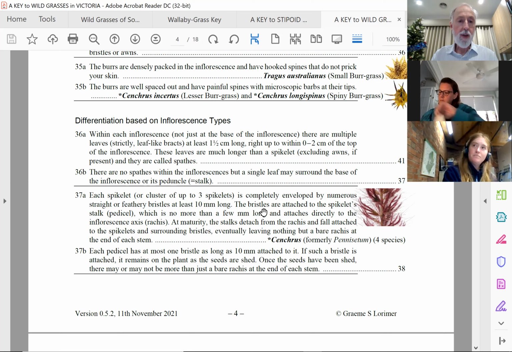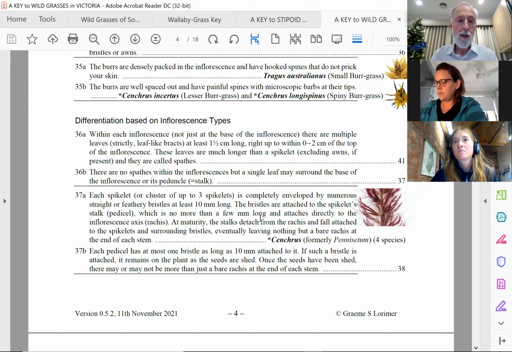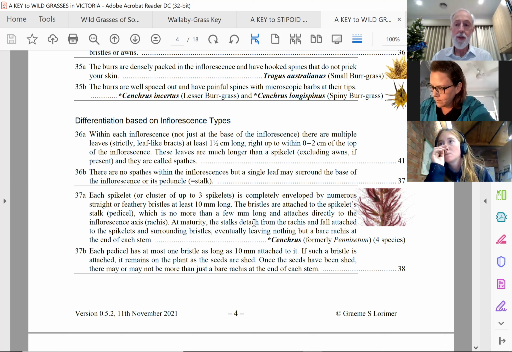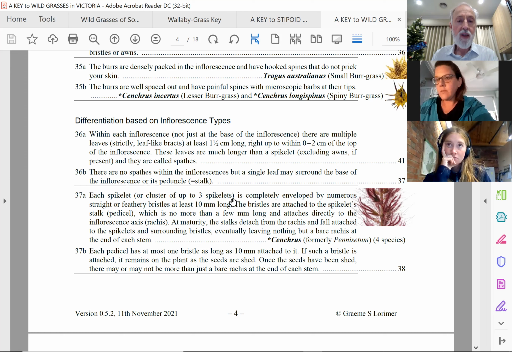37A says each spikelet or cluster of up to 3 spikelets is completely enveloped by numerous straight or feathery bristles at least 10 millimetres long. Now, in my inflorescence, I can see awns. You might think of an awn as a bristle, but this is saying that the spikelet is enveloped by them. And it goes on, the bristles are attached to the spikelet's stalk or pedicel.